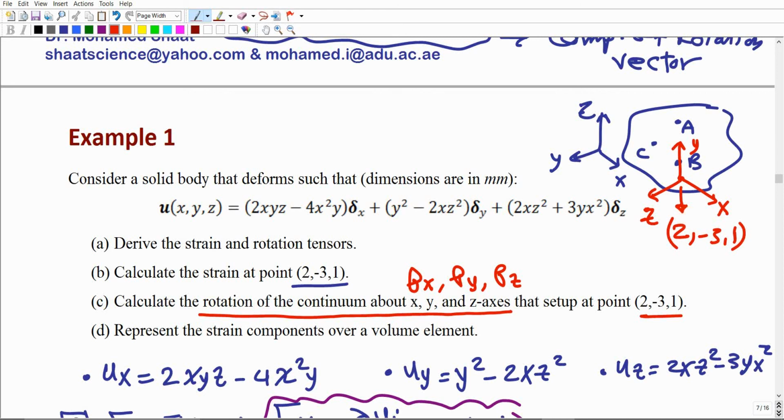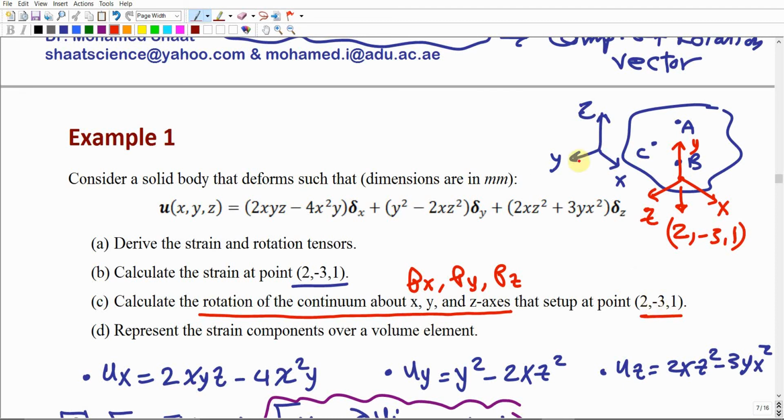It is going to rotate about this origin point, with an angle of rotation theta x, an angle of rotation theta y, and an angle of rotation theta z. How much are they? We can find them by plugging x, y and z with the coordinates of this point. This is how we can read these rotations about x, y and z of a coordinate system set up at this point.